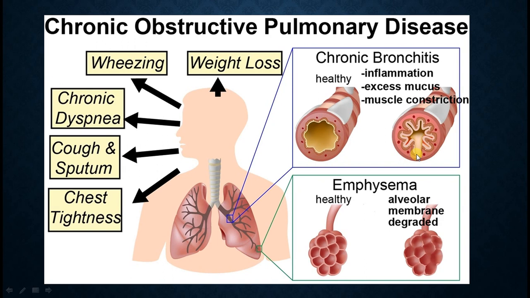Extreme weather conditions, such as cold climate, might bring bronchoconstriction. This is acute. But if you have chronic bronchitis with inflammation, excessive mucus, weight loss, dyspnea and emphysema, especially degraded alveolar membrane, they all represent COPD or chronic obstructive pulmonary disease.